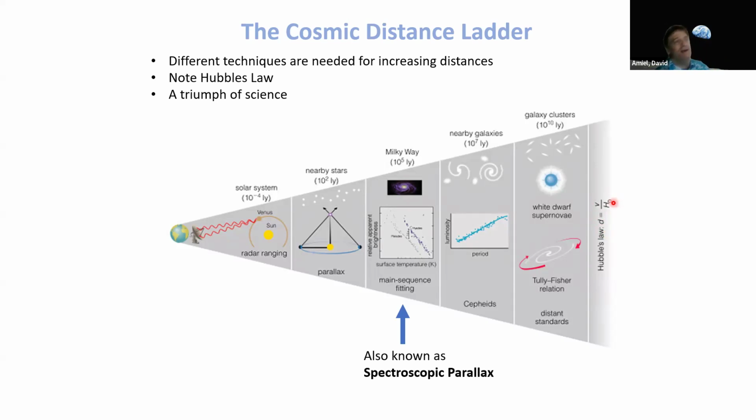And we immediately get into controversy here. And you'll see this in the news all the time, different estimates of Hubble's constant. Various techniques are used to determine the value of Hubble's constant, and they don't agree. They don't agree.